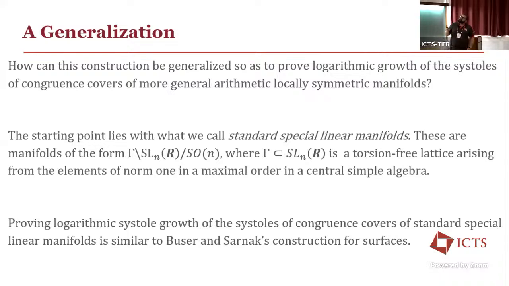Sort of like the type of manifolds that have come up several times already related to the Lubotzky-Samuels-Vishne paper. So I want to call this a special linear manifold or orbifold. And I want to show you that you can essentially use the Buser-Sarnak proof for these special linear manifolds.